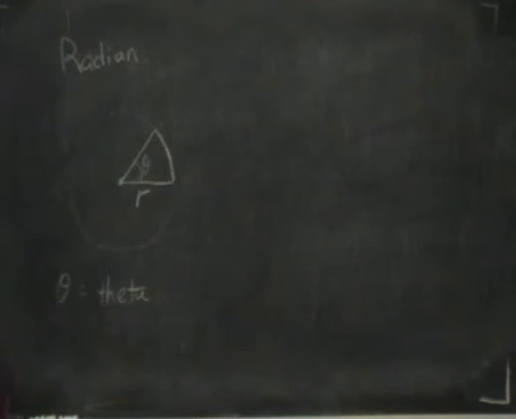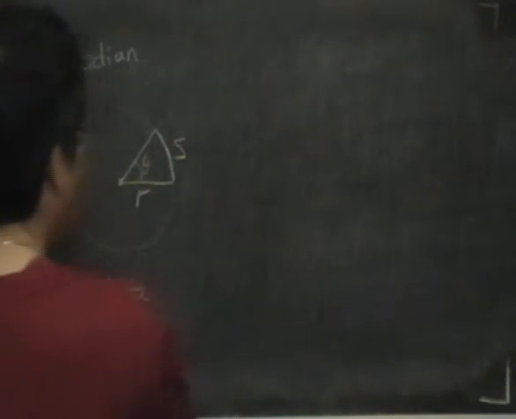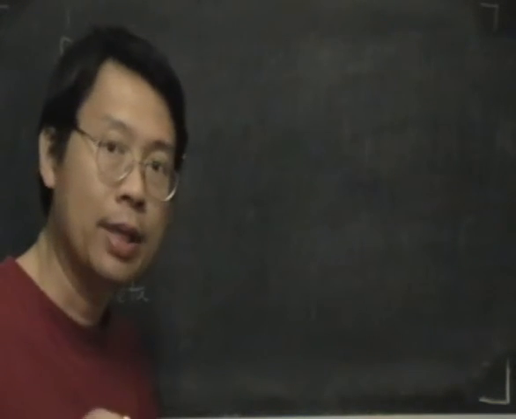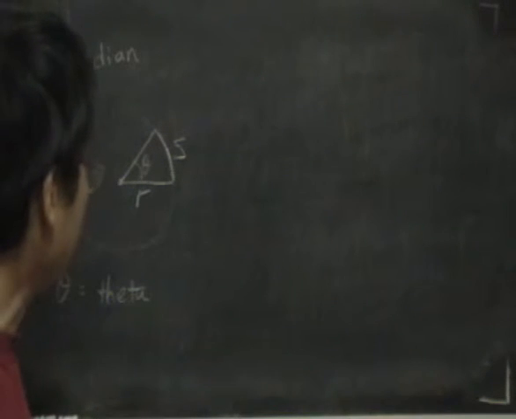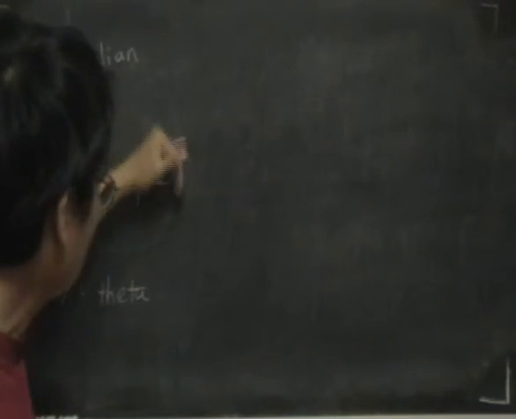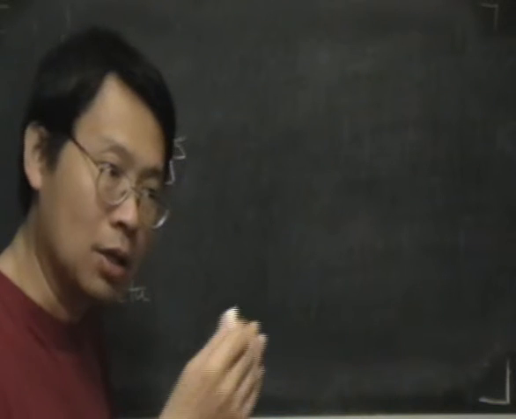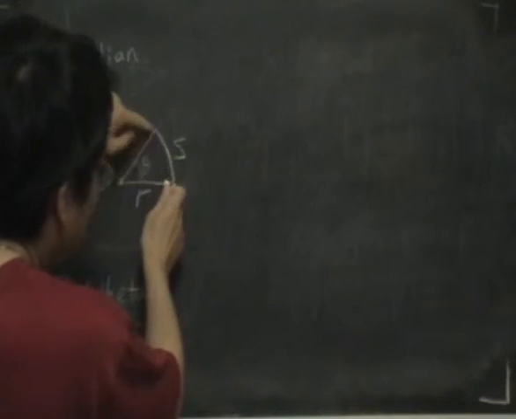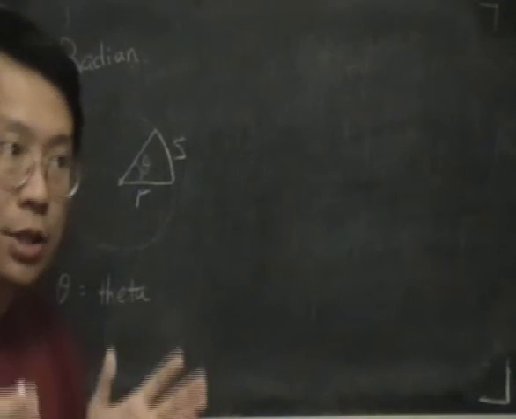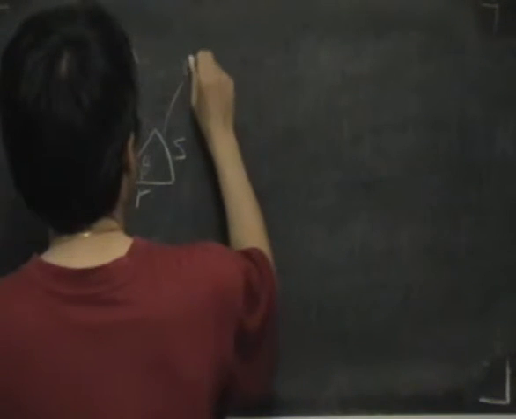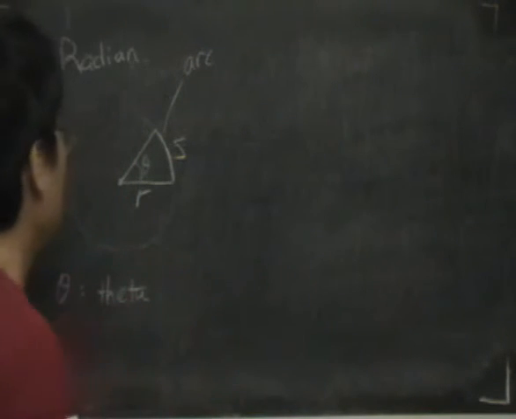I'm going to call that length S. So that's the arc length, the curved line along the circumference. A short section of a curve along the circumference of a circle is called an arc. Let me spell that. Just call it an arc.